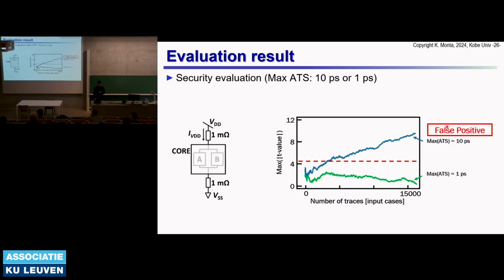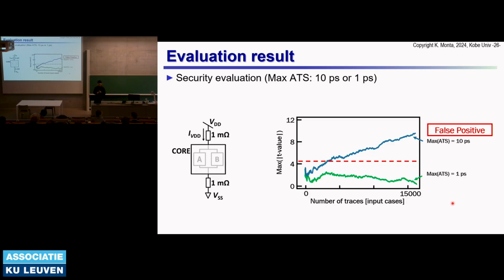This is the evaluation result. The blue one shows the simulation with maximum analysis time step 10 picoseconds, and the green one shows the result with maximum analysis time step 1 picosecond. The only difference in this simulation is the setup for the maximum analysis time step.